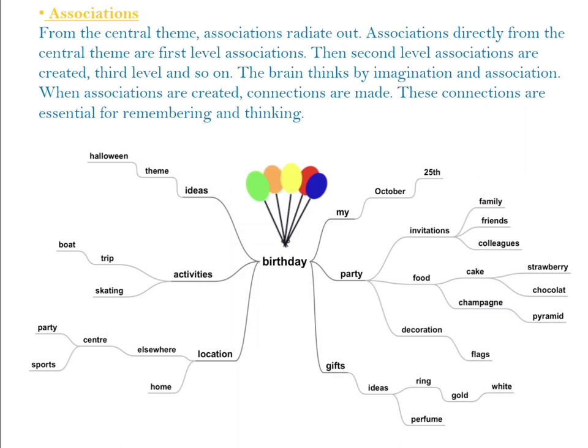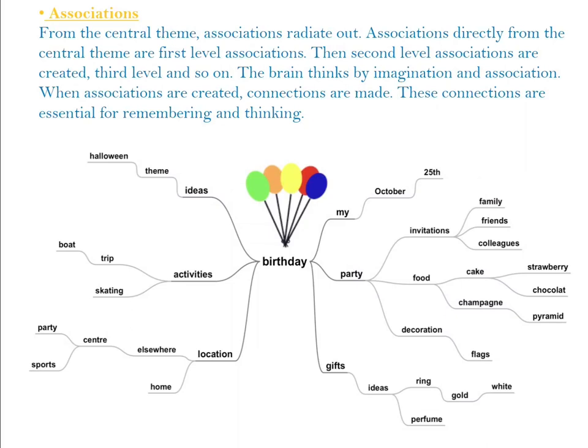In simpler words, once you think of a topic or a subject or a title, you have to think of other associations or ideas that come to your mind when you think of a birthday party. For example, thoughts such as whose birthday party?